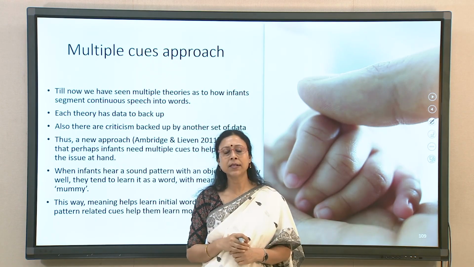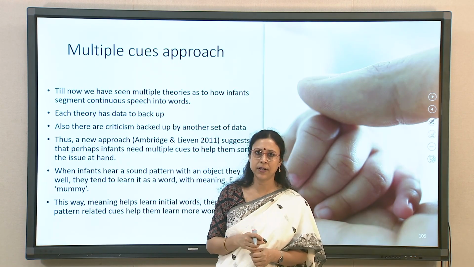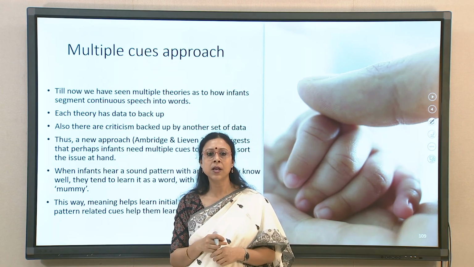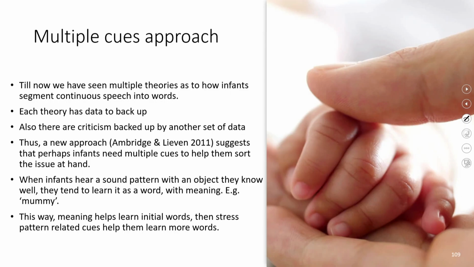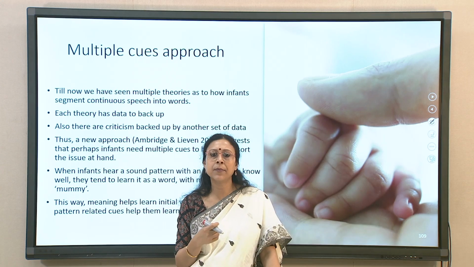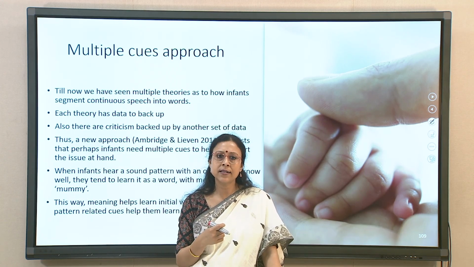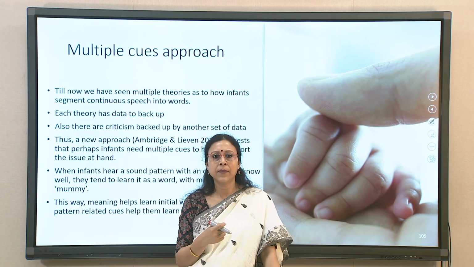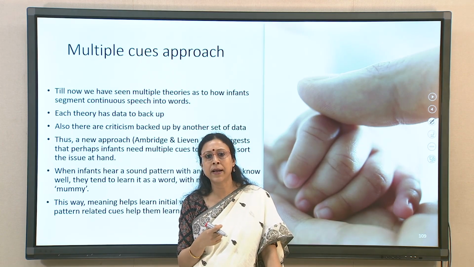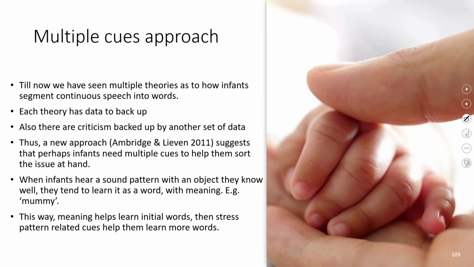Based on this, the multiple cues approach has been proposed. This idea says that children use a lot of different kinds of cues, not one single cue, and one of them could be meaning. A new approach by Levine and Ambridge suggests that infants need multiple cues to help them sort out the issue at hand. When infants hear a sound pattern with an object they know well, they tend to learn it as a word.